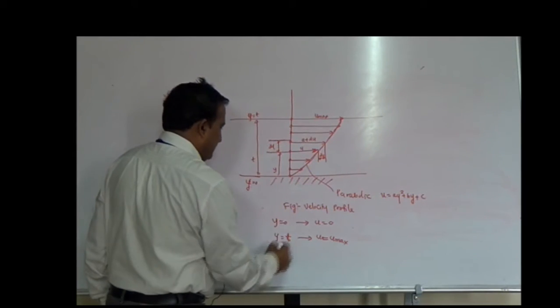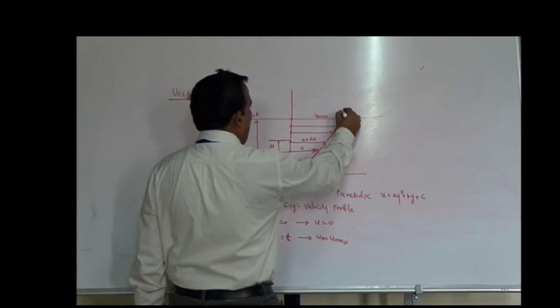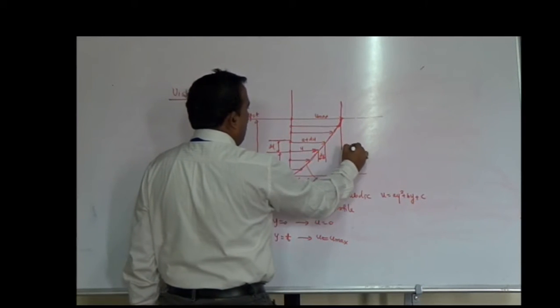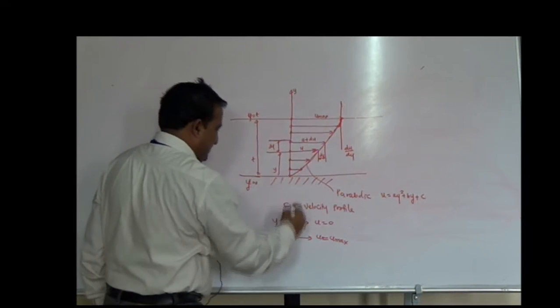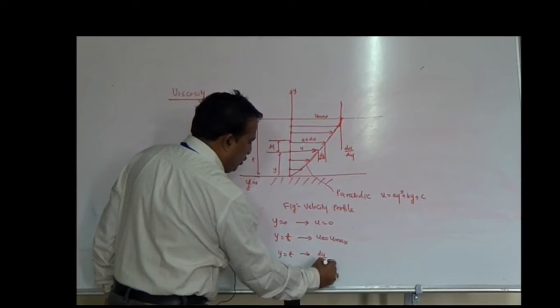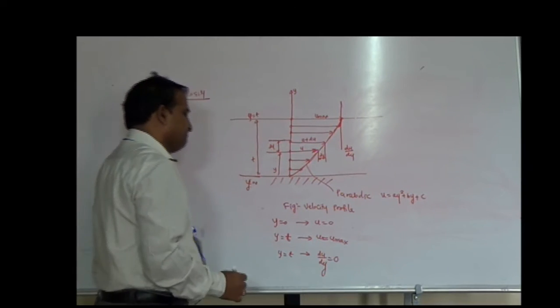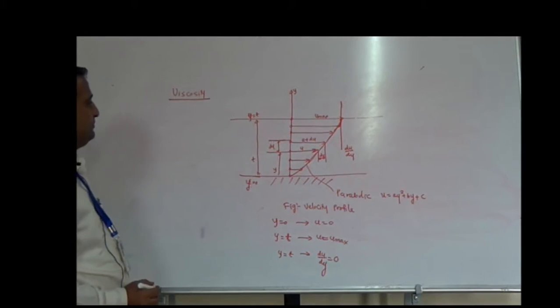And one more, if you see at the end, if I draw the slope with respect to the y axis, when y equal to t, the slope du by dy equal to 0.